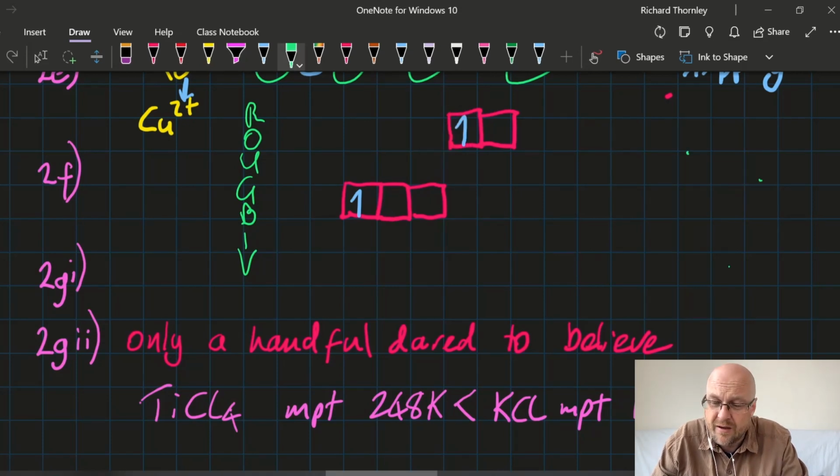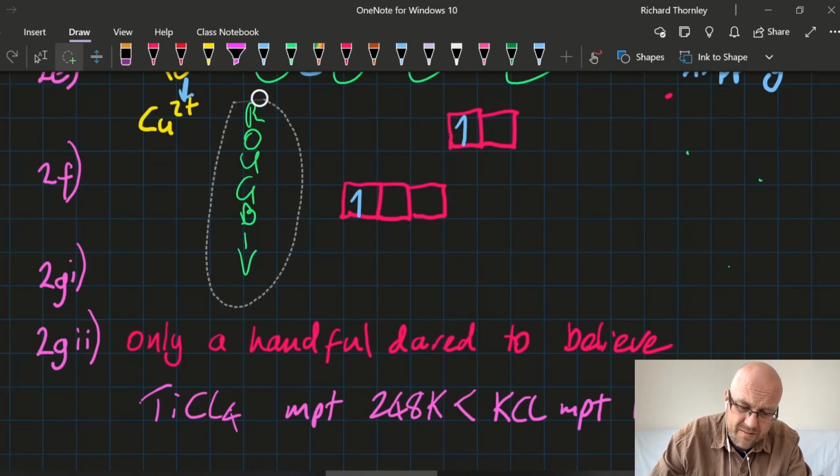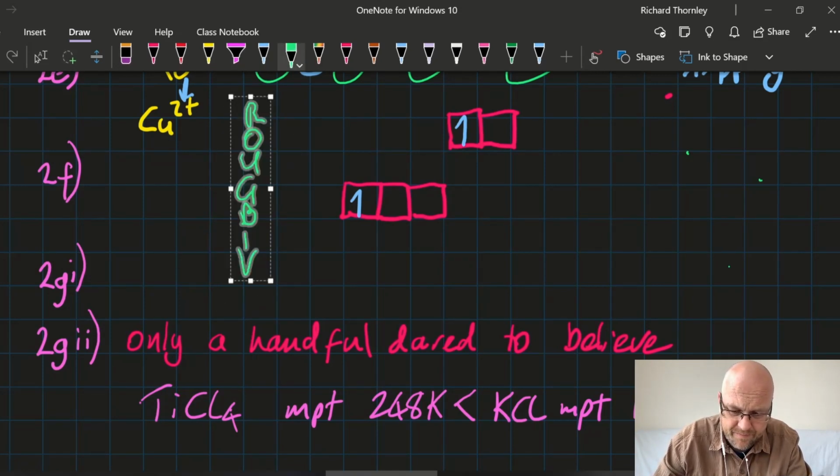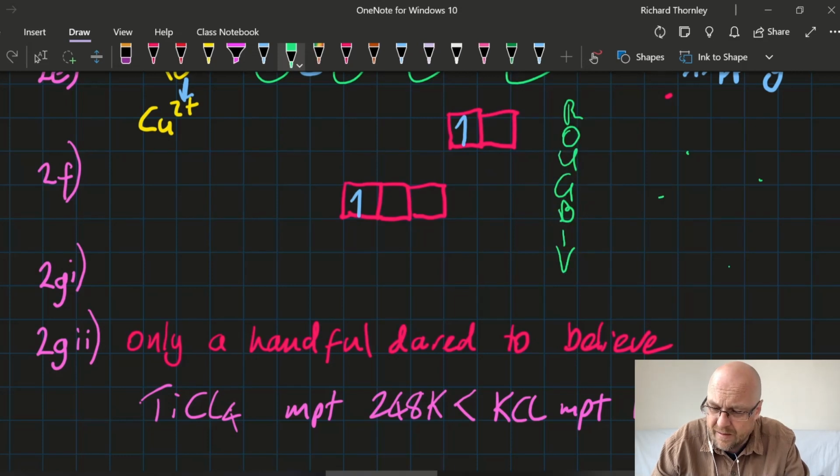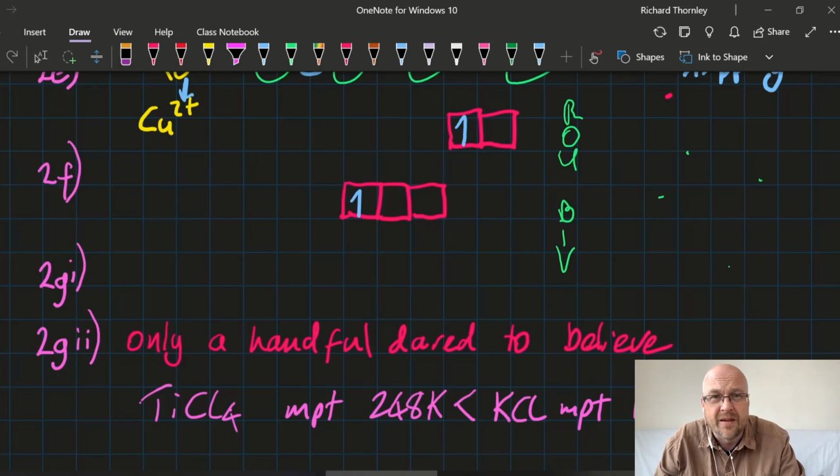And when that electron is promoted, one or more of the wavelength of visible light will be removed. So the light's gone through, and let's say the green light has been absorbed. And the color that you then see from the complex is the complementary color of the light that's been absorbed.